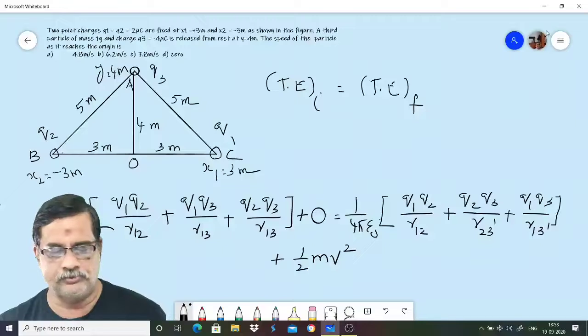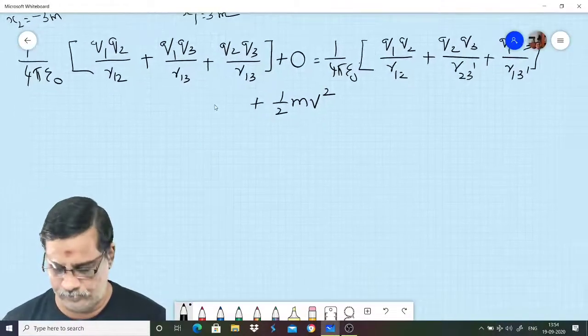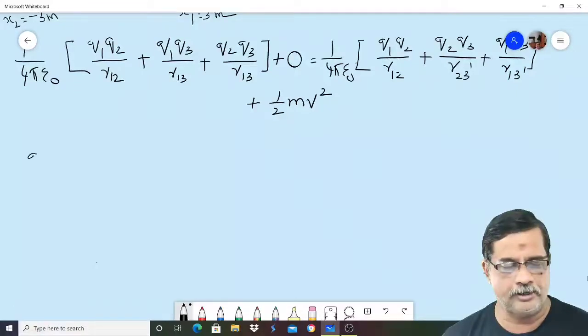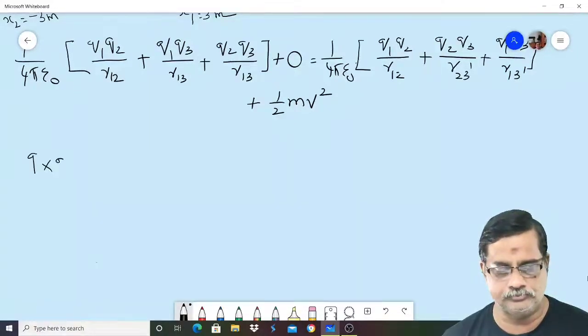Now let us substitute and simplify. So this is equal to 9 into 10 raised to 9 into... 1 by 4 pi epsilon 0 is 9 into 10 raised to 9.